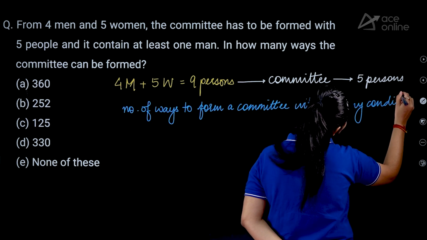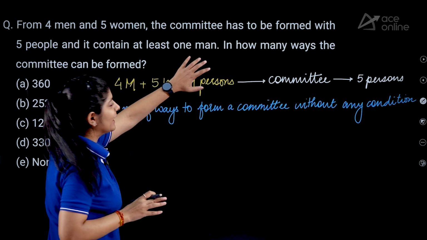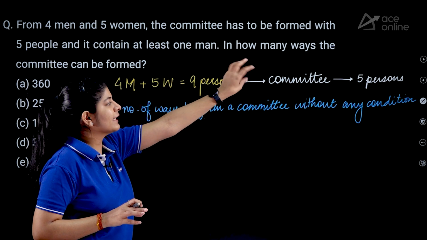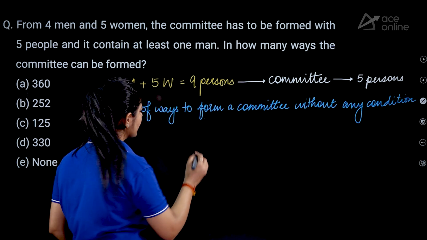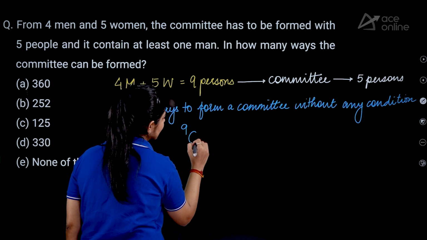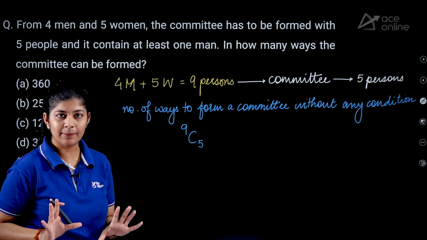Basically 9 persons are there and I have to create a committee of 5 persons. That means I have to select 5 at random. So in 9C5 ways, I can create my committee.